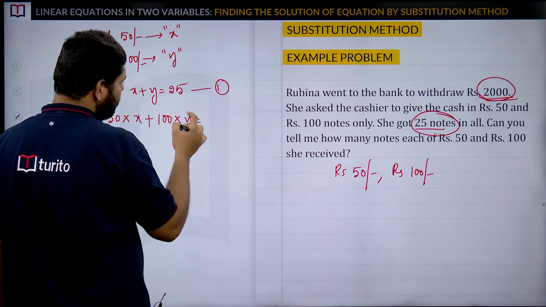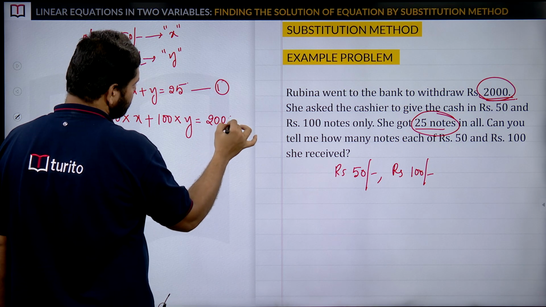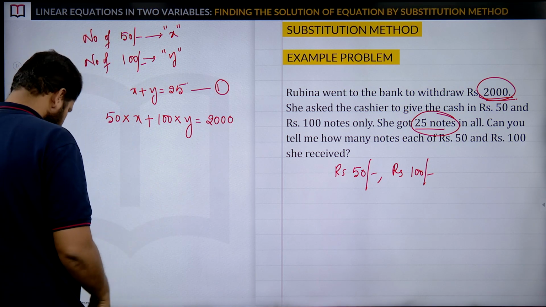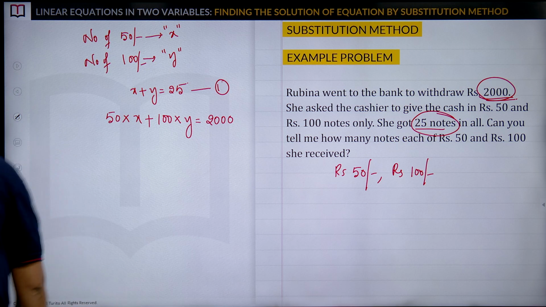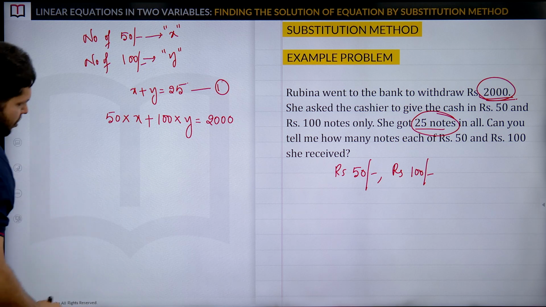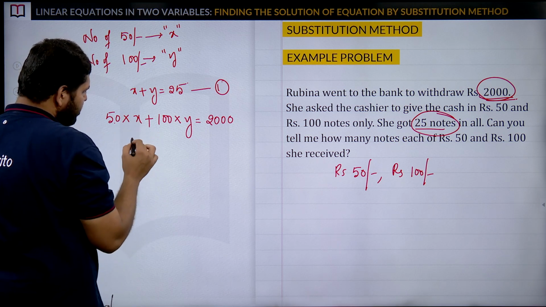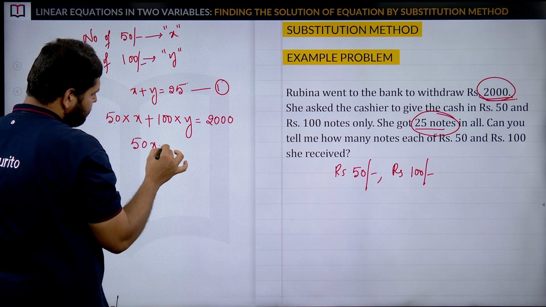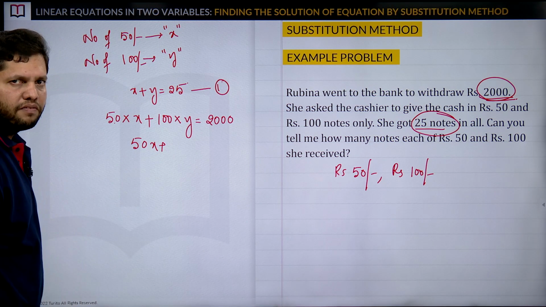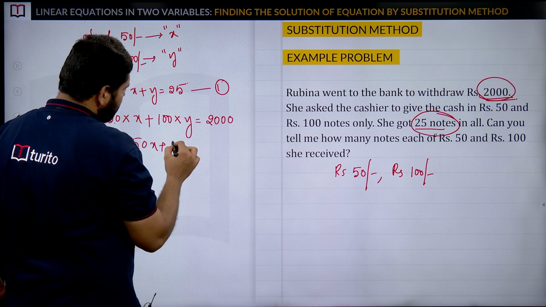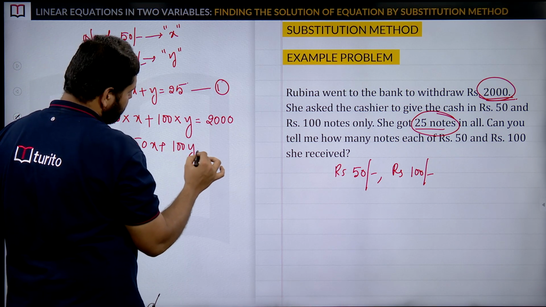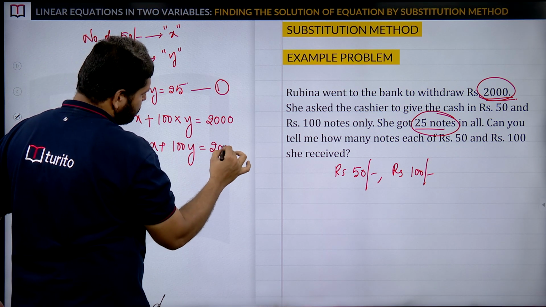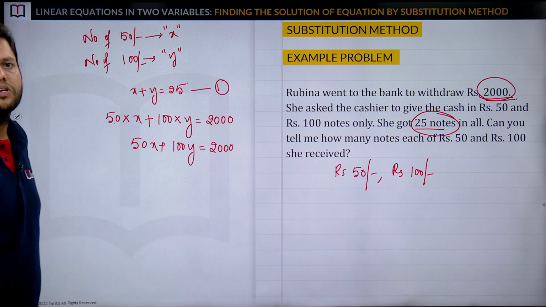So this total value is equal to rupees 2000. So we can write 50x plus 100y is equal to 2000. Clear, children?